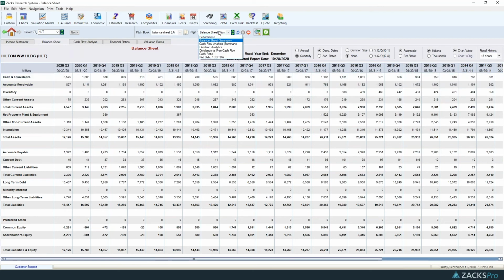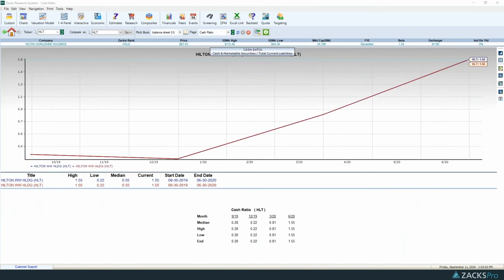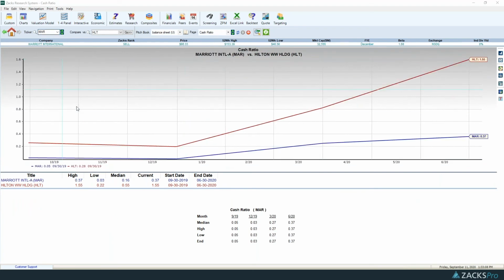So balance sheets come into focus, especially when these types of economic disruptions happen. And that's why Hilton has done much better overall, given these different ratios. Hilton has a much better cash ratio relative to Marriott, 22% versus 3%, which is very low overall.